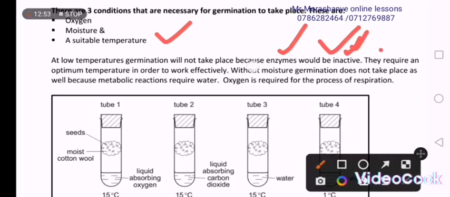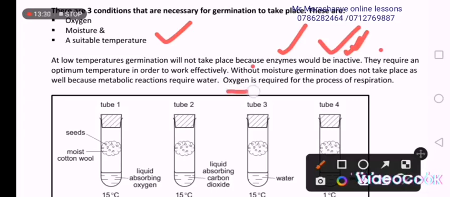Without oxygen, without moisture or water, germination does not take place as well. Why? Because metabolic reactions require what? Water. Metabolic reactions require water, and those reactions are very, very important, because they promote the process of germination.